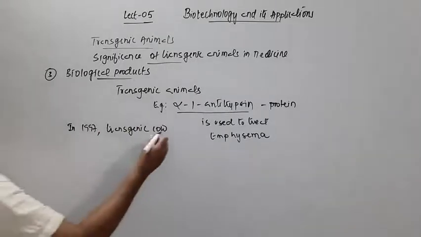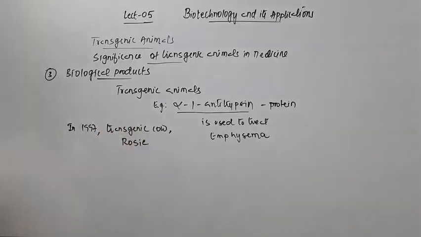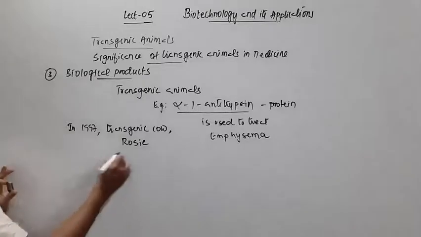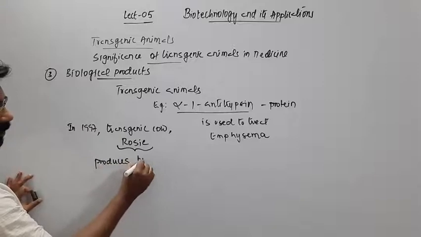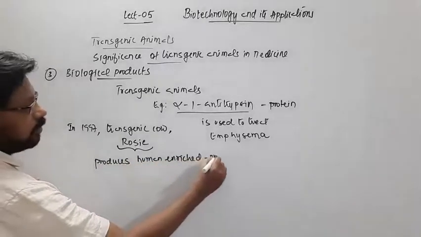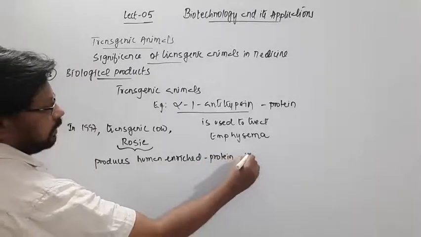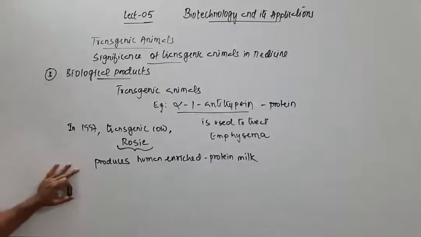This transgenic cow is named Rosie, and it produces human protein enriched milk.